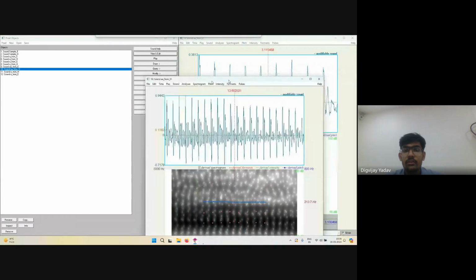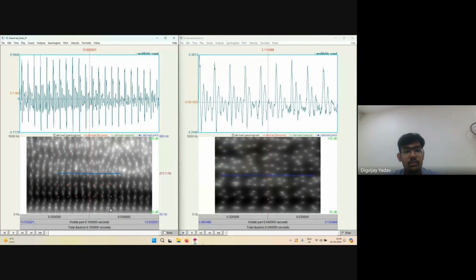So this is a different sample that I have taken. We can see the first formant here is at 1140, and here it is at 940. So there seems to be a very huge difference, because the audio here is different. So the individual that was speaking here is different to the other individual here. And here the pitch is missing for some reason, but the pitch of the individual is the same.